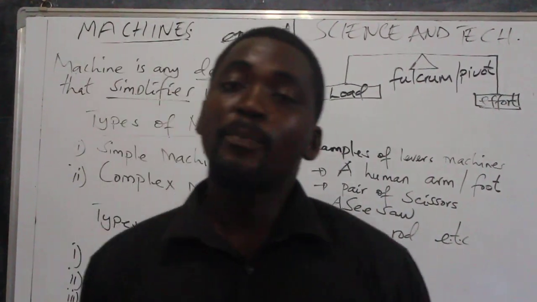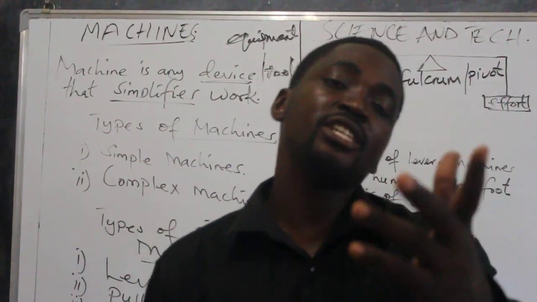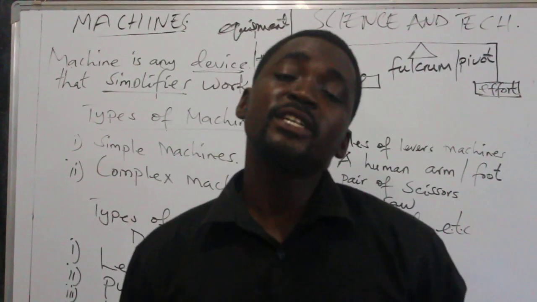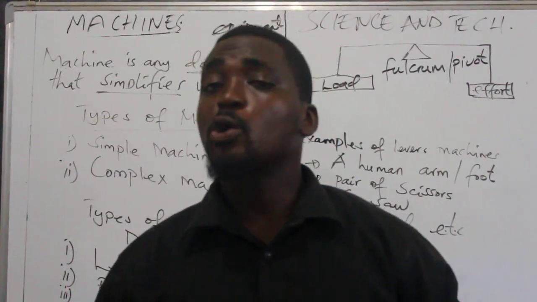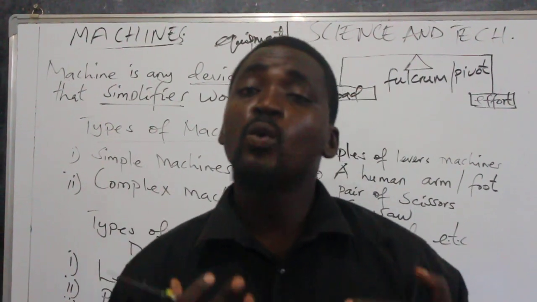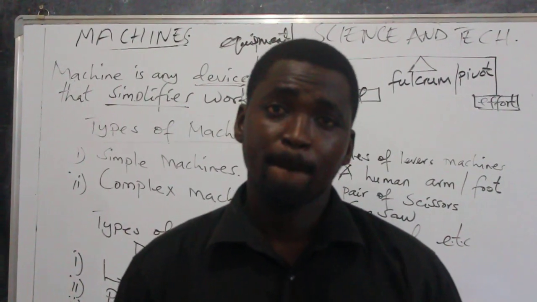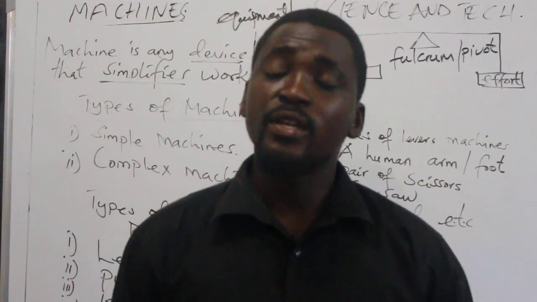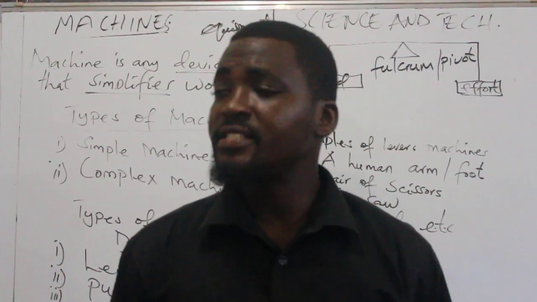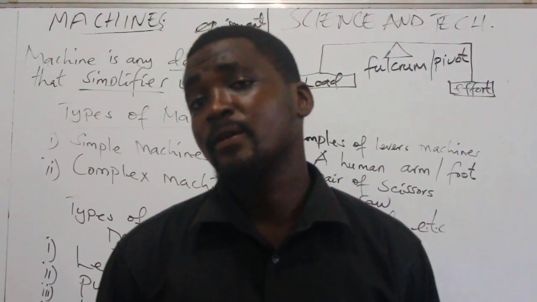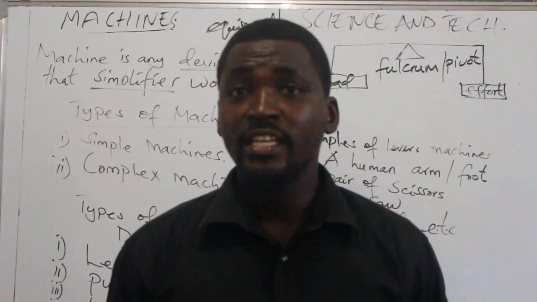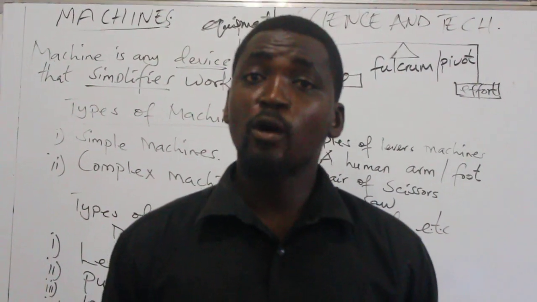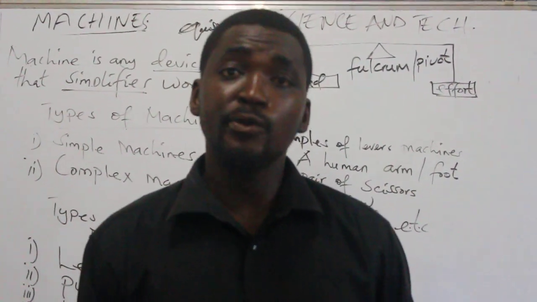Allow me to approach the second type of machine, which is the complex machine. A complex machine is any machine that comprises more than one simple machine. If you find any device that has more than one simple machine, that thing is said to be a complex machine. An example of a complex machine is a door lock. A door lock has the combination of the wedge and the screw.